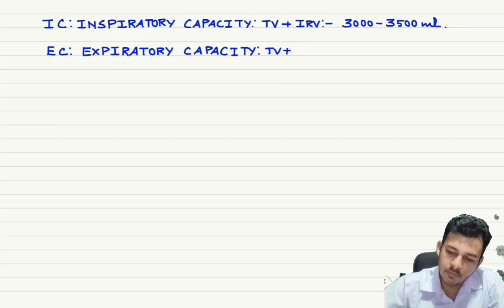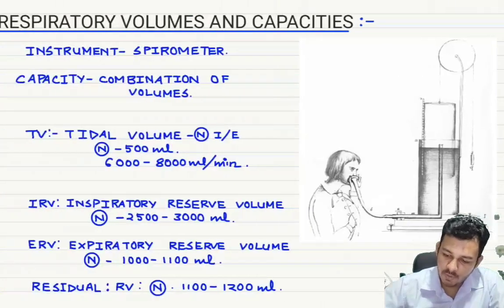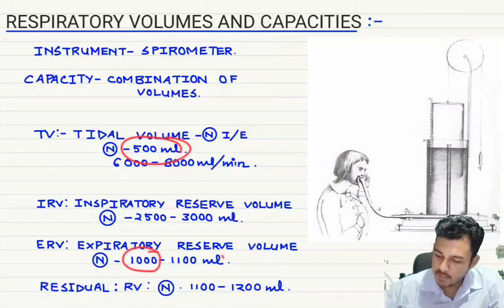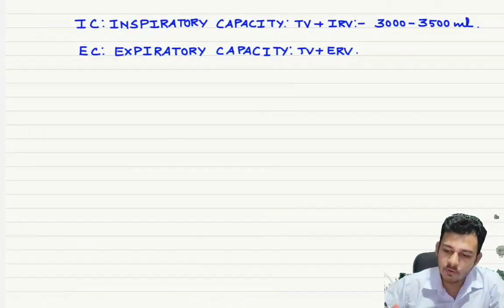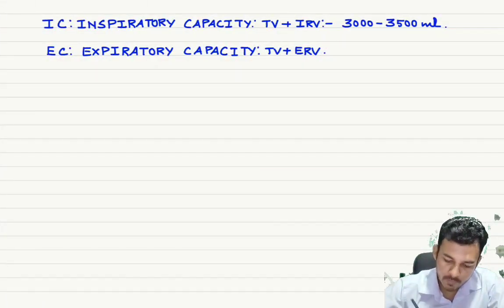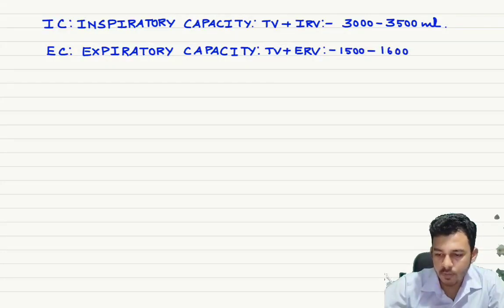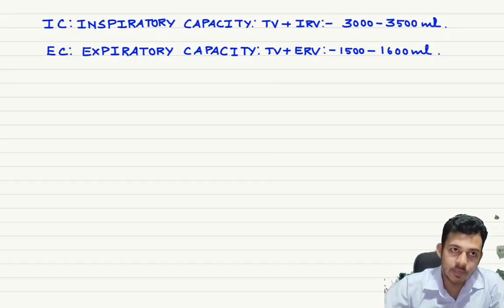That comes out to be tidal volume plus the expiratory reserve volume. Again, if you combine these two volumes, the 500 ml and 1000 to 1100 ml, the normal volume that would come out is 1500 to 1600 ml. This is about expiratory capacity.